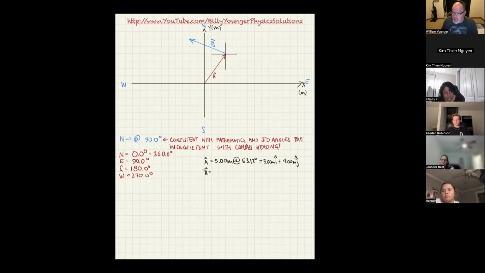And then if I take the square root of that, that should be the actual magnitude. So I'm going to say the square root of 29 is 5.39. So I'm going to say this one is 5.39 meters.